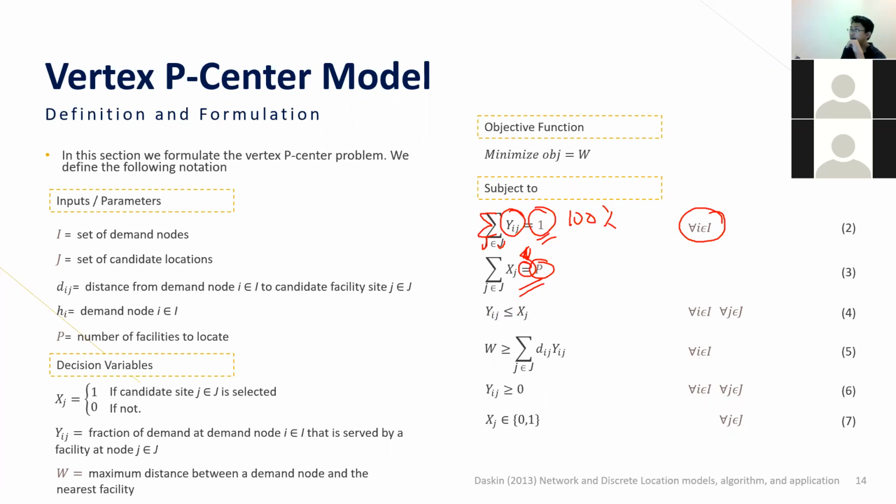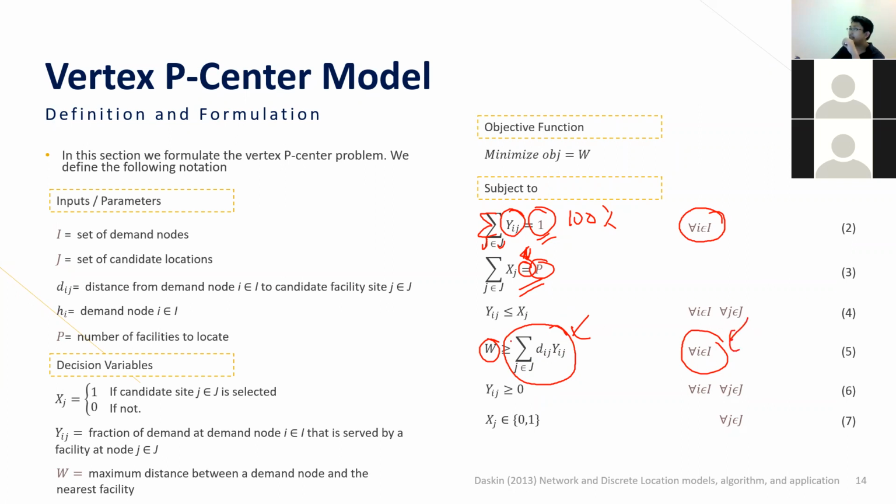And then constraint number 5 is used to calculate W. Here we will see all the demand nodes, and then we will check the furthest distance covered by the nearest facility located to that particular demand.